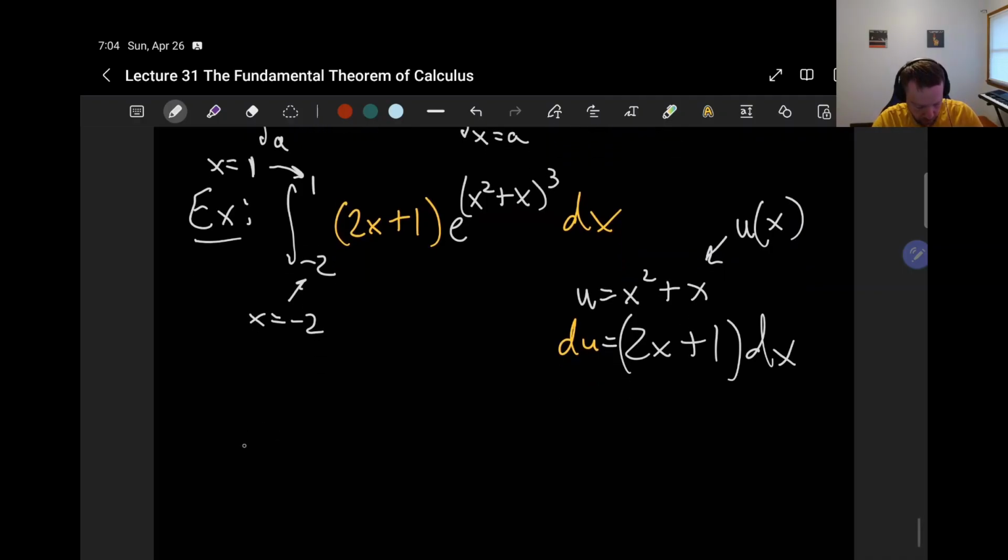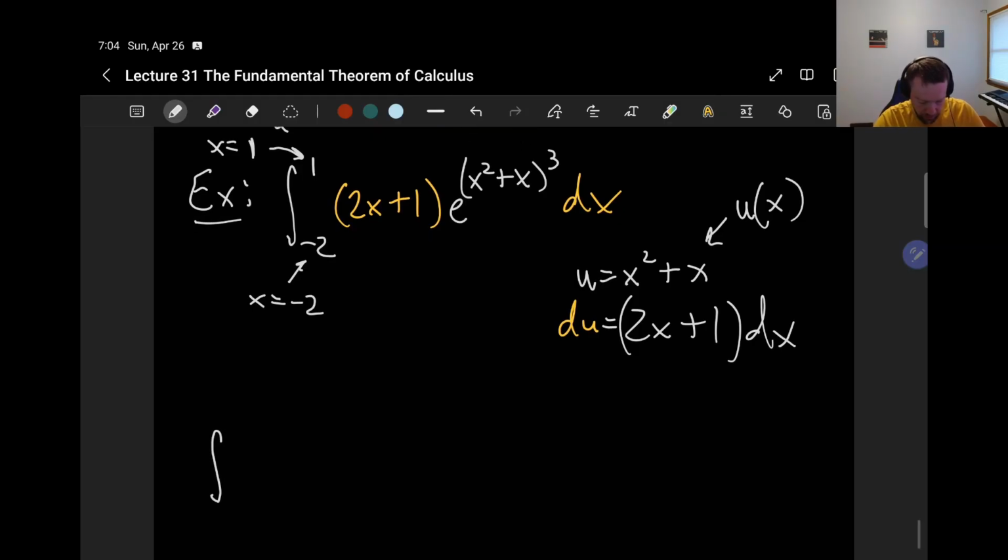So when I switch the variable, I would give myself a little space here if you're taking notes. When I switch the variable over to u, e to the u cubed du, well, now u is my variable. I need my limits of integration to reflect that.